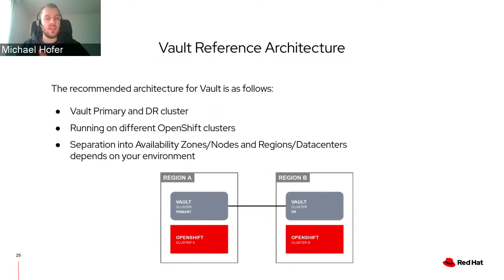In many organizations and projects, we often see the very traditional setup of 2 vSphere VMware clusters or data centers, and the setup of Vault and OpenShift can be very well adjusted to that situation as well.